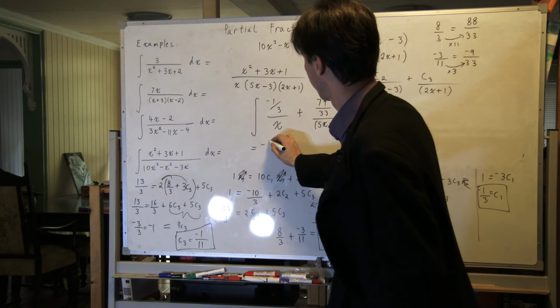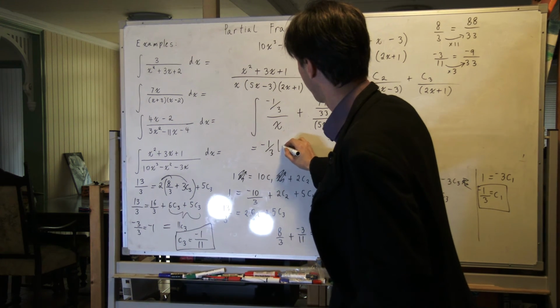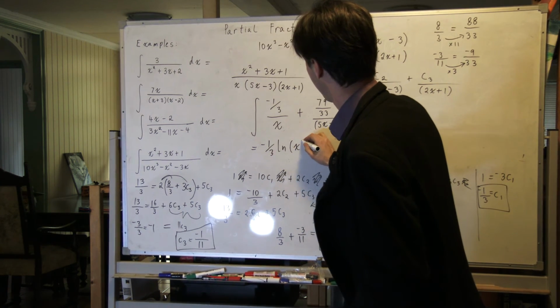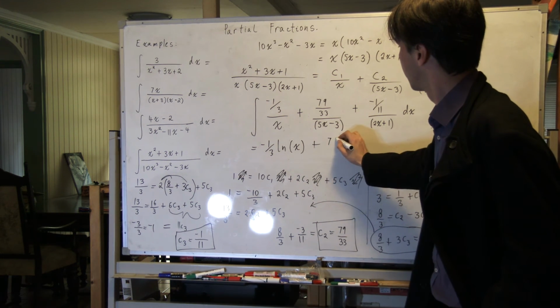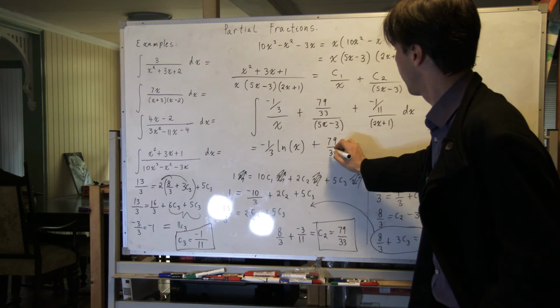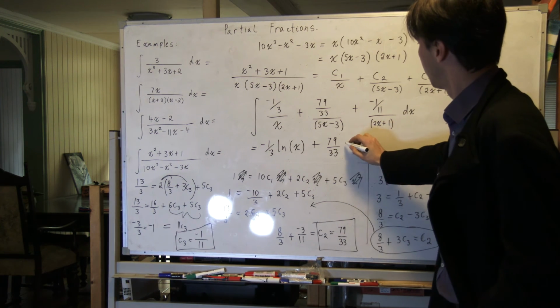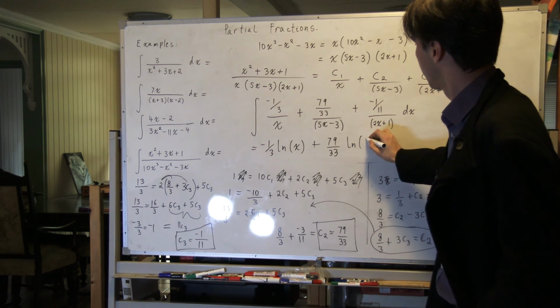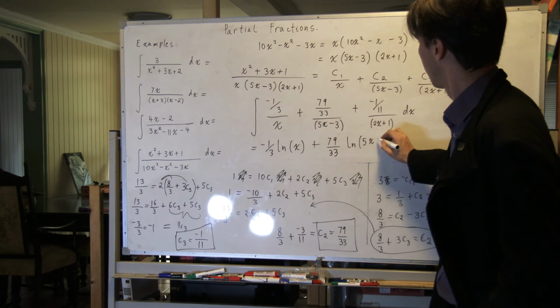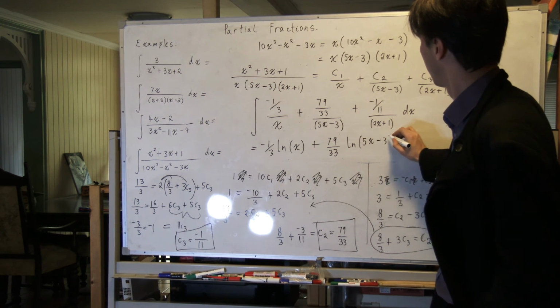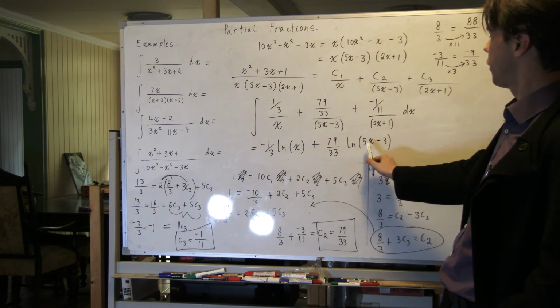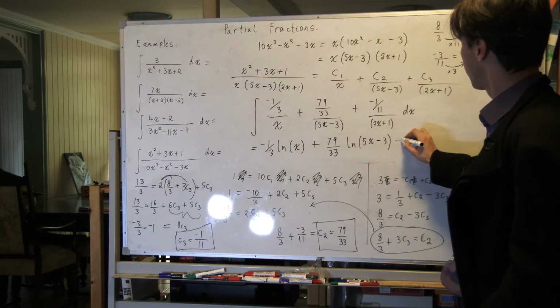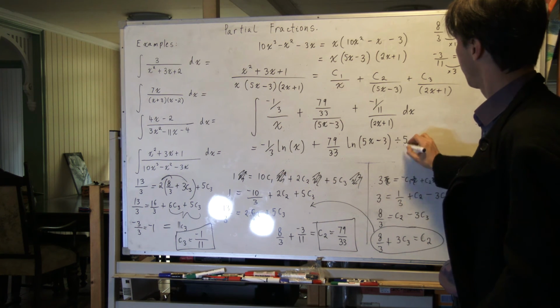and this becomes -1/3 times ln x plus 79 over 33 times ln 5x minus 3. And don't forget to divide by the derivative of what's inside the bracket, so we're dividing by 5.